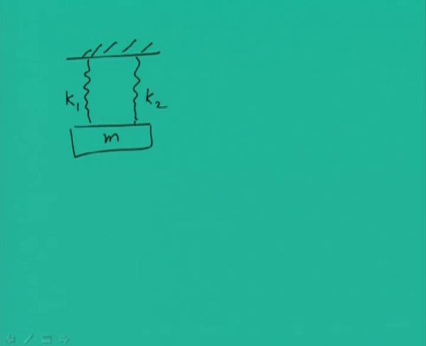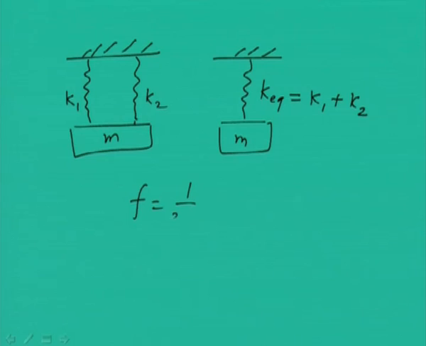So in this particular case also we can have an equivalent system with K equivalent, where K equivalent now will be given as the summation of these two because they are connected in parallel. So the same equation is valid here also, that is in hertz.